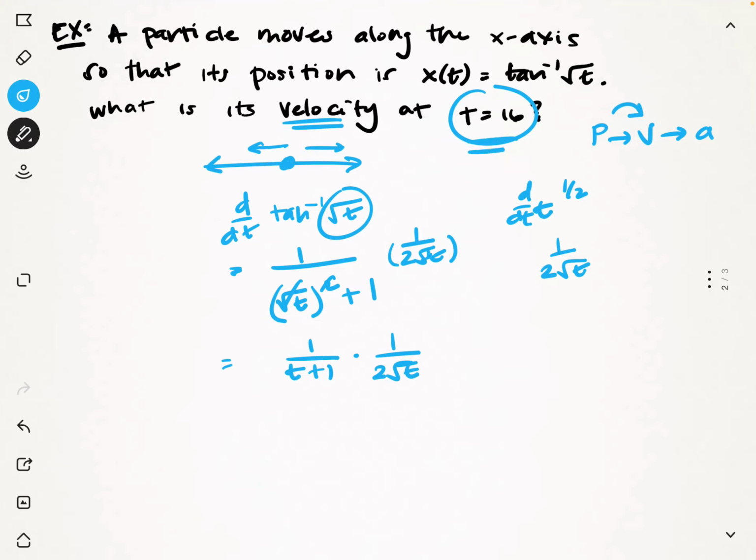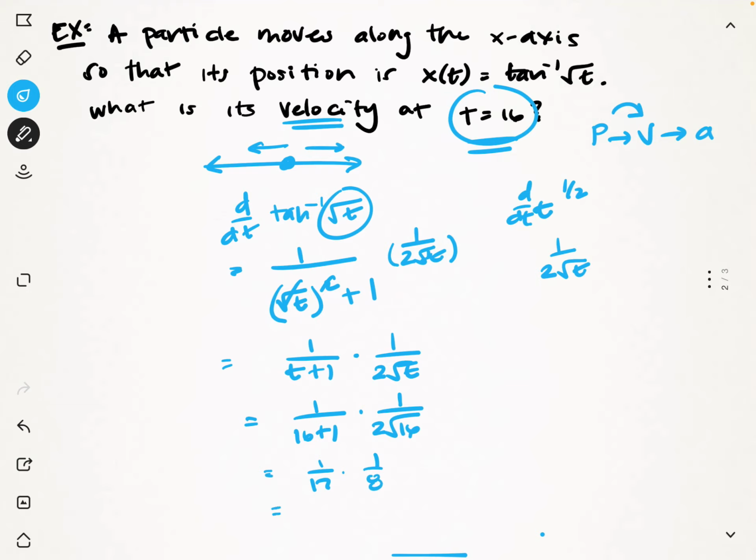At this point, because we found our derivative, we can plug in our t. So we're going to have 1 over 16 plus 1 times 1 over 2 times radical 16.